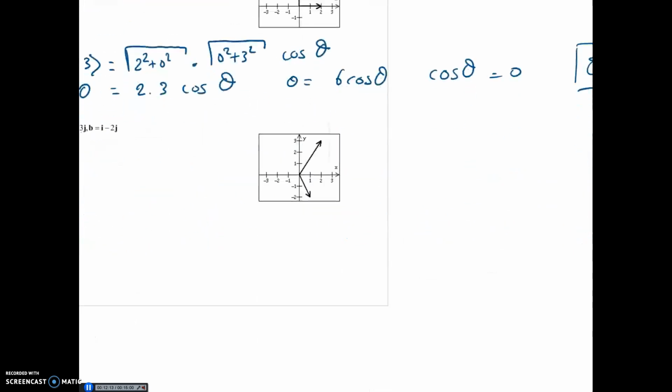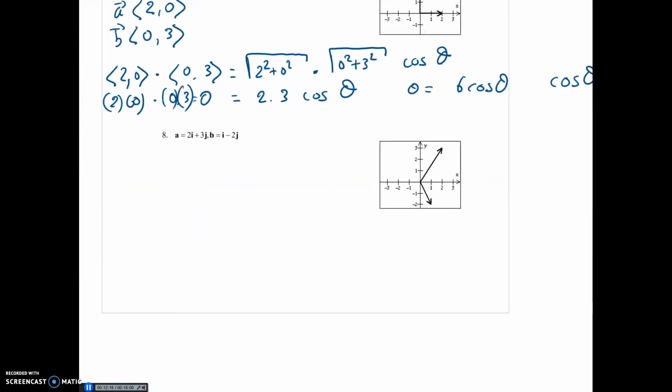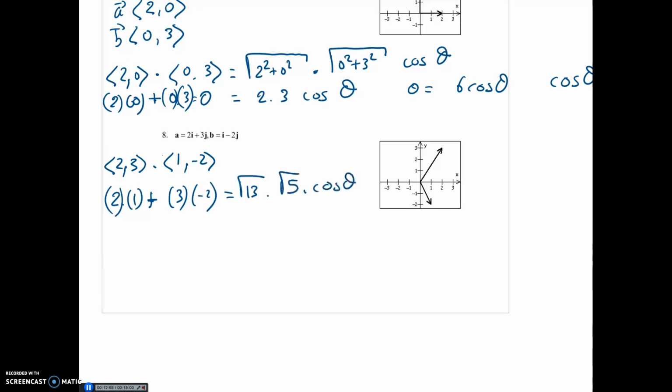I can do exactly the same thing for problem number 8. We are going to have 2, 3 multiply 1, negative 2, and that is going to be 2 multiplied by 1 plus 3 multiplied by negative 2, equal square root of 13 multiplied by square root of 5 multiplied by the cosine of the angle.